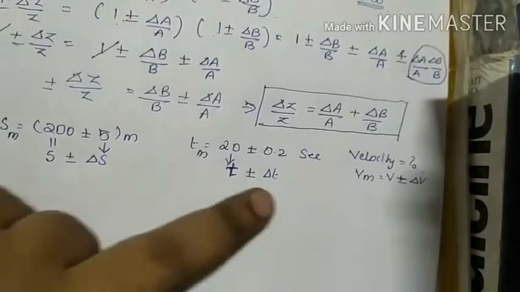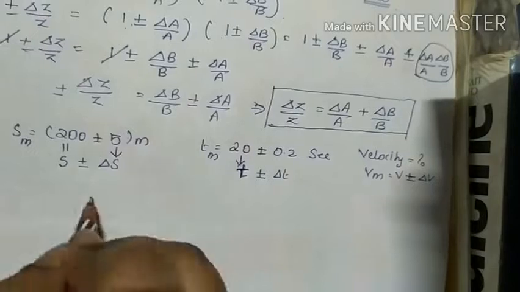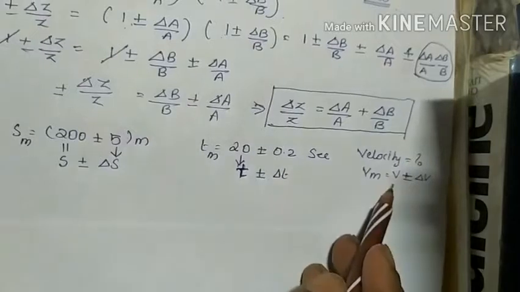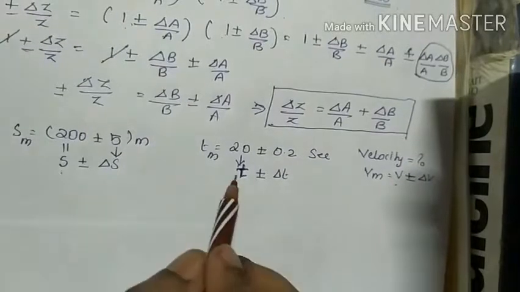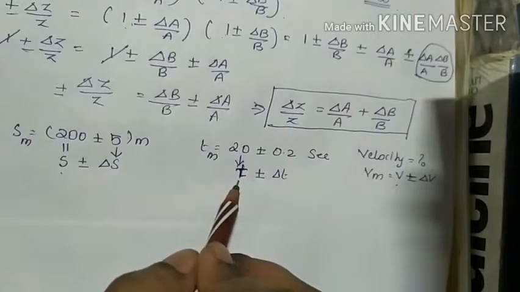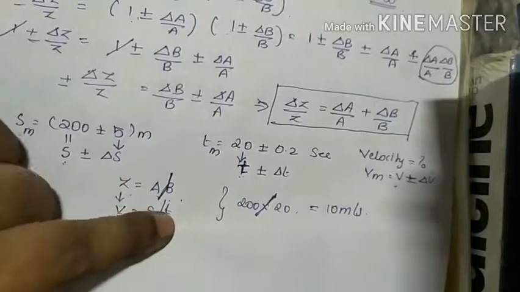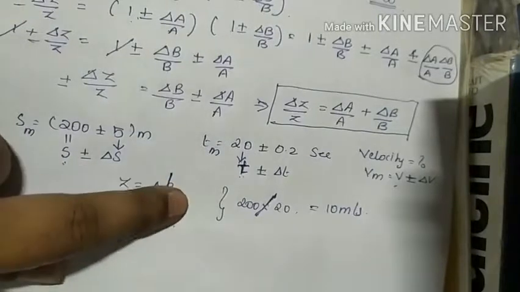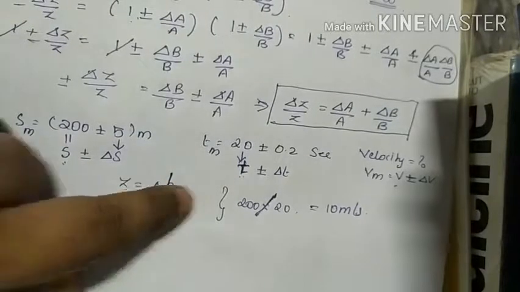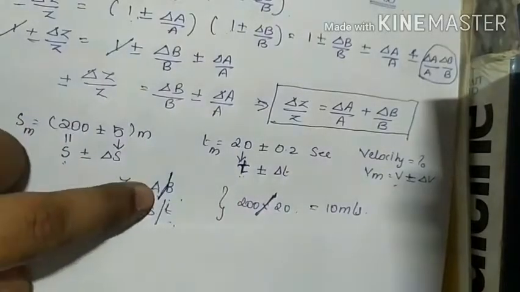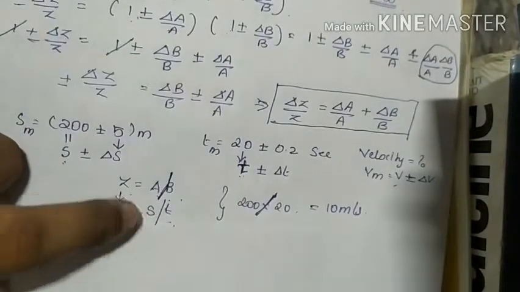Now we know what is V. Let's say this was Z. This was our A and this was your B. So you have just been asked velocity. Velocity is distance by time. So Z is equal to A by B. I hope this much is clear. So Z is A by B. Velocity is displacement by time.